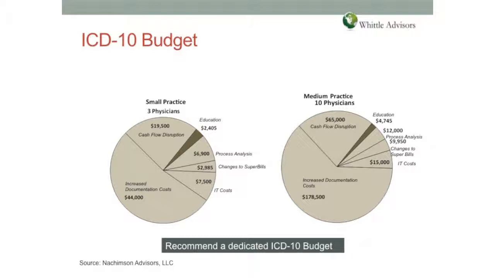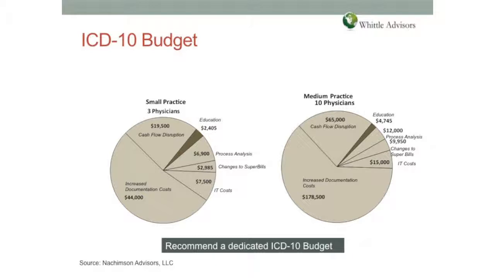Education, it's not free. Today is free, but it's not likely that all of your roles will benefit from today. There will be roles that can't join us, that need very specific education, like your billers and your coders. Process analysis work, it's time consuming, so this $6,900 is an estimate of what it will cost you to spend time analyzing your process impact.